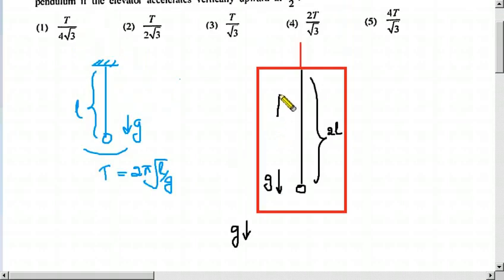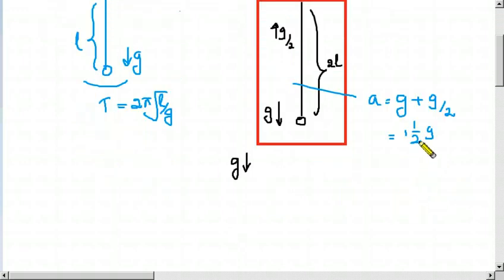The elevator is moving upwards with an acceleration g divided by 2. So in this frame the resultant acceleration is, we have to add these two, g plus g divided by 2, that means 3 divided by 2 times g. That is the acceleration this pendulum feels.